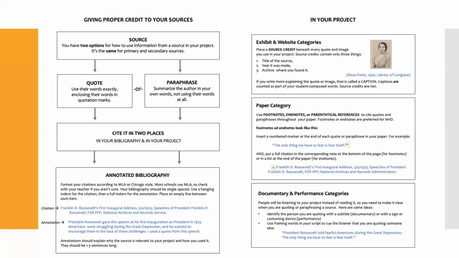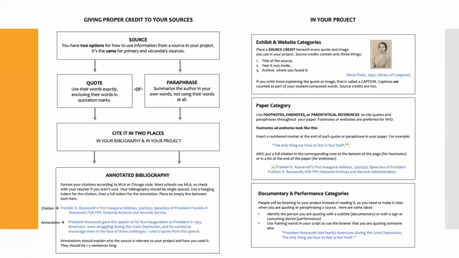So footnotes and endnotes look like this, and I have a typo here. They use a little note at the end of the quote, and then that correlates with the complete note at the end of the paper or the bottom of the page. And then in documentary and performance categories, even though those are script-based categories where people will be listening to the project, it's important to use keys in the script so that it's clear when students are quoting from a source.